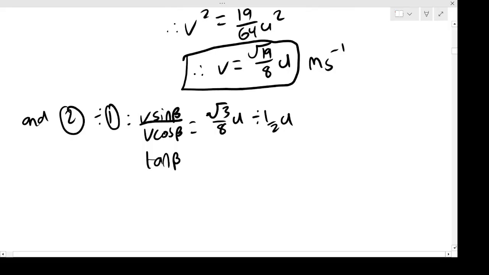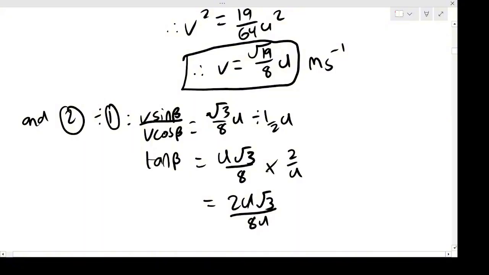So tan beta is going to be, now this looks a bit ugly, right? If you're a bit uncomfortable with dividing fractions like this, we can do it step by step. So it's going to be u root 3 over 8 divided by u over 2. Then we do KFC, keep flip change. So we're going to times by 2 over u. And then that will simplify to 2u root 3 over 8u. Well, then the u's cancel.